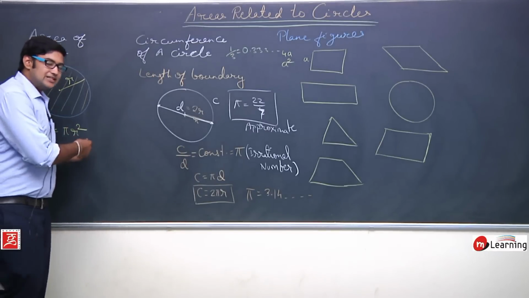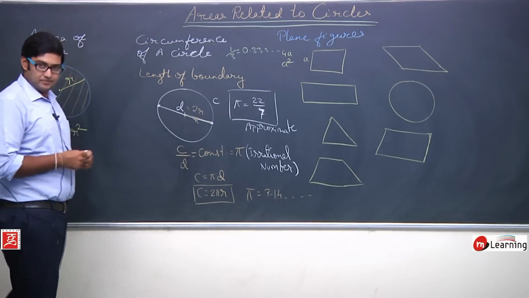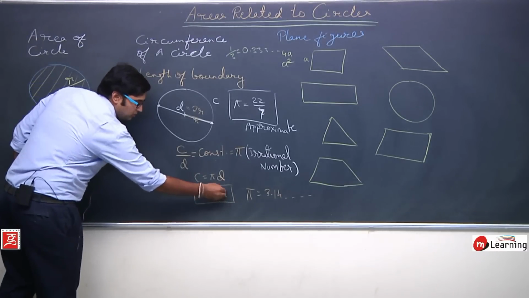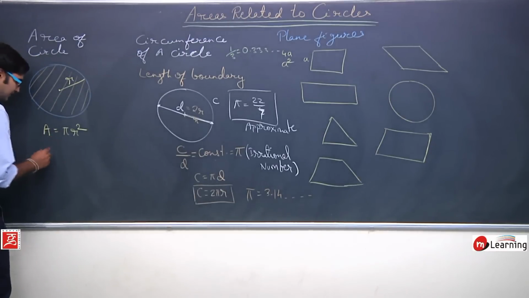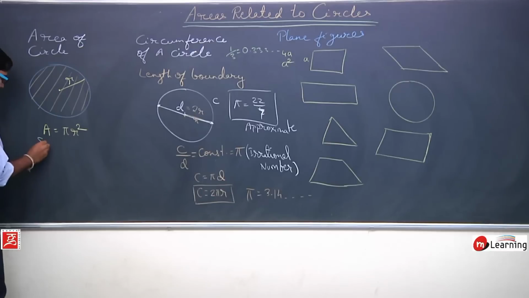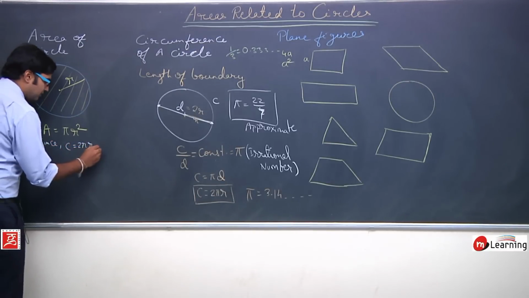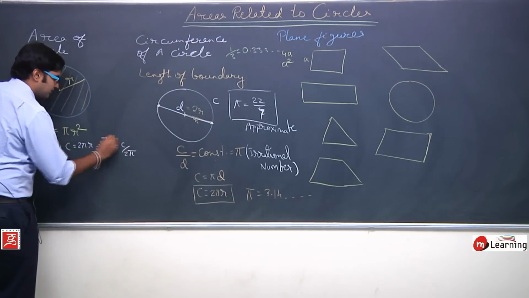Now from this, let us determine the relation between circumference and area. What you can see is, circumference is equal to 2 pi into r. So can I write, since C is equal to 2 pi r, which implies r is equal to C upon 2 pi.